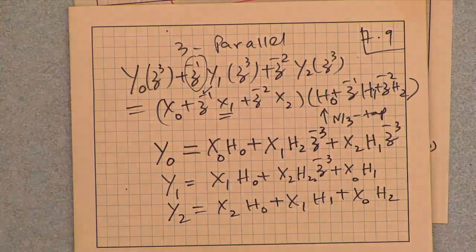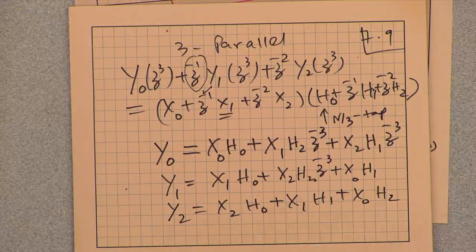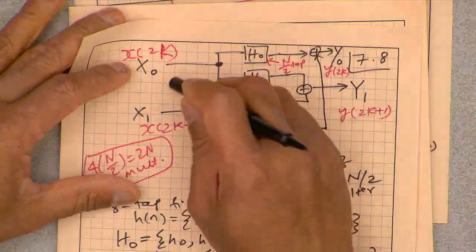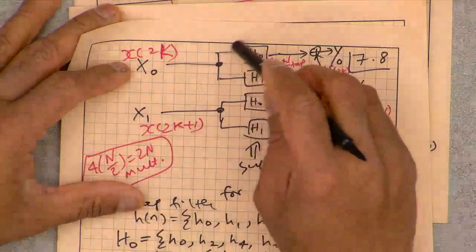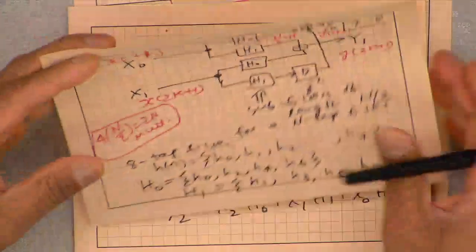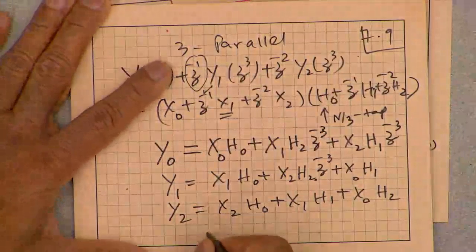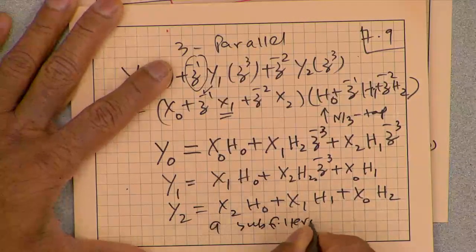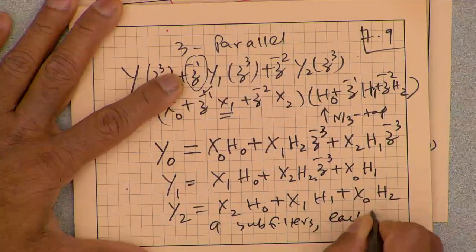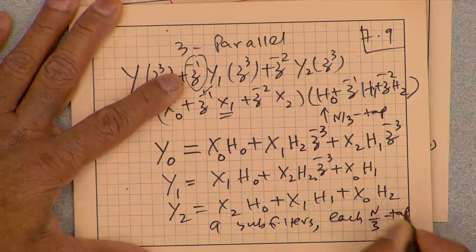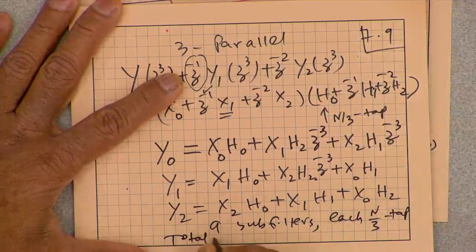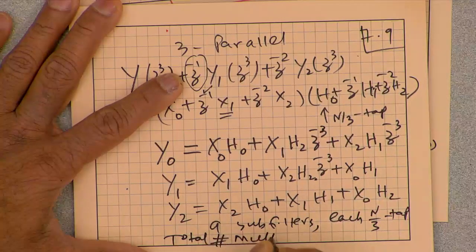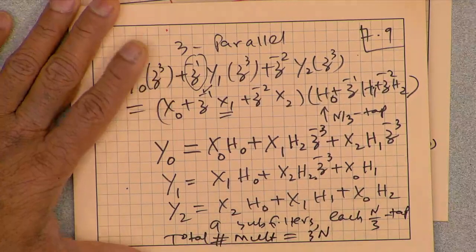Okay, so now if you draw a block diagram like this, take x0, x1, x2, and filter them by the subfilters h0, h1, h2, there will be 9 subfilters, each n by 3 taps. So the total number of multiplications is 3n, which is what we would expect.